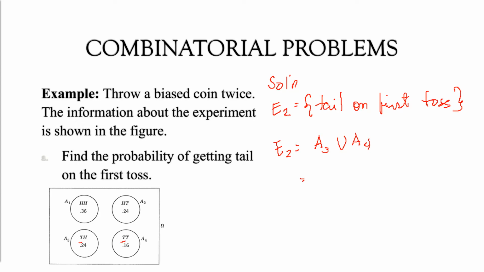So, in other words, for our solution, we have A sub 3 equal to 0.24. Wrong.